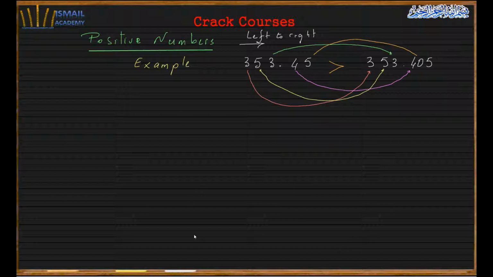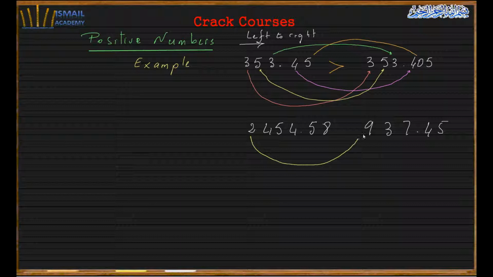For example, I want to compare those two numbers. I start with the corresponding place value. This is 1,000, and I look for the 1,000 here.